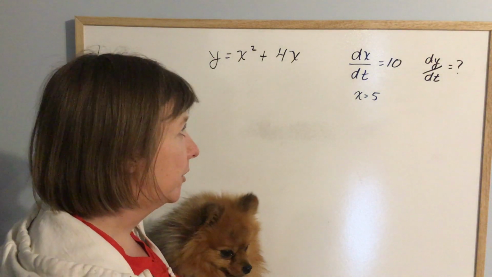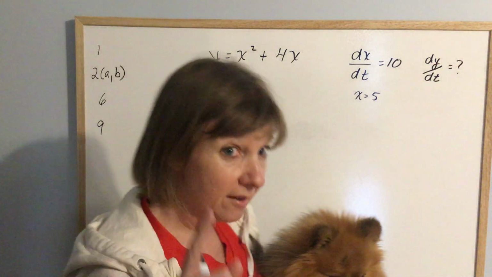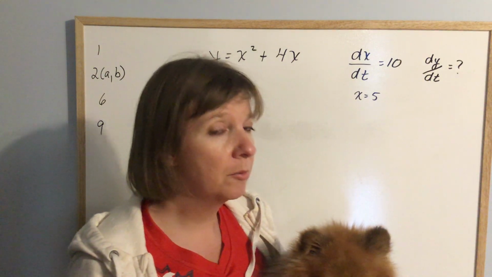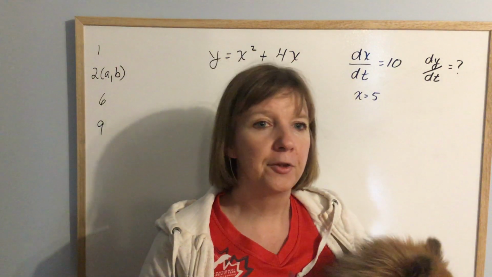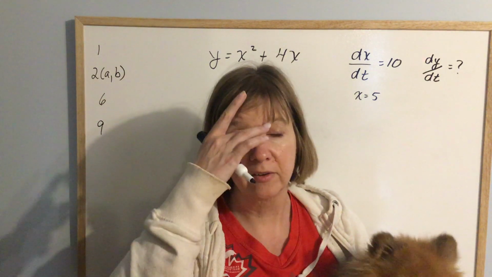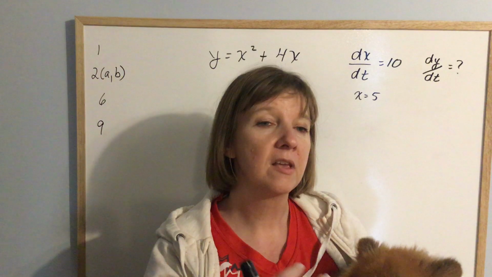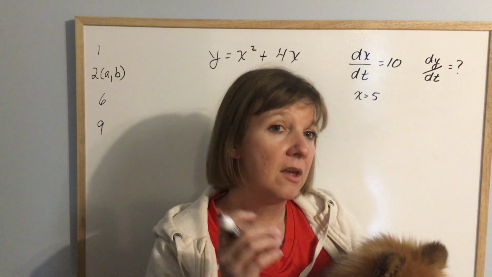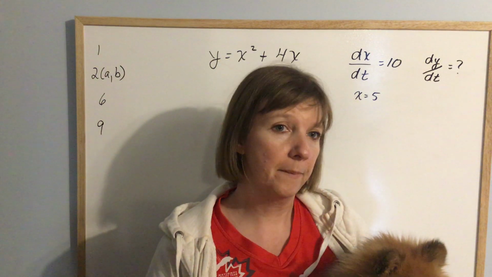I know what that bottom number is either because they tell me, or if I'm doing a word problem and they're talking about velocity and how fast something went and distances. Velocity, how fast something happens, is based on time.